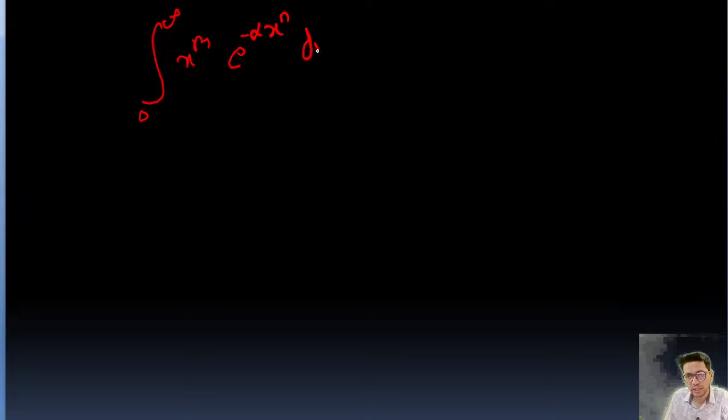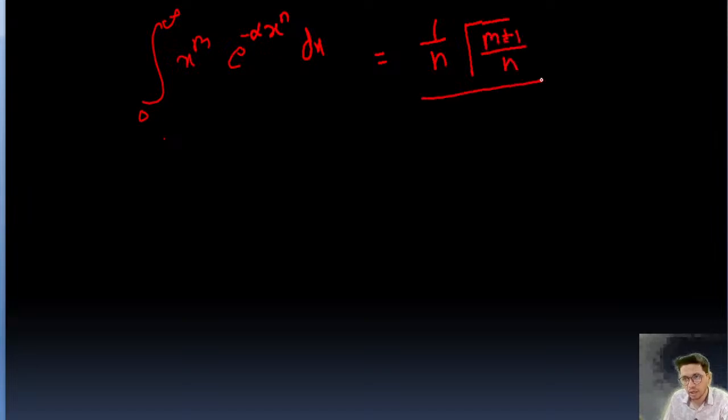If we have this formula, integration 0 to infinity x to the power m e to the power minus alpha x to the power n dx, where alpha is any constant, guys, it's going to be 1 upon n gamma of (m plus 1) by n upon alpha to the power (m plus 1) upon n. Very important formula. You need to note it down.